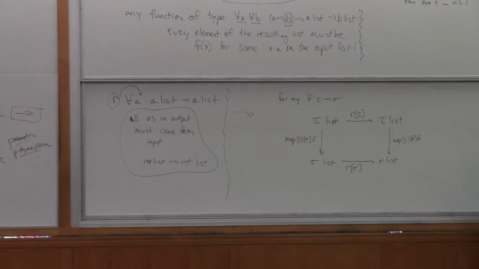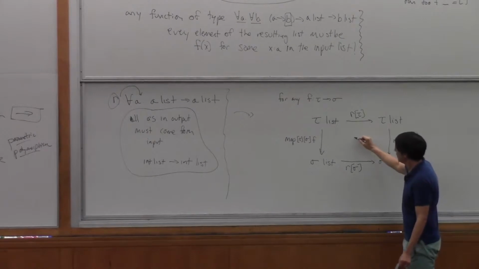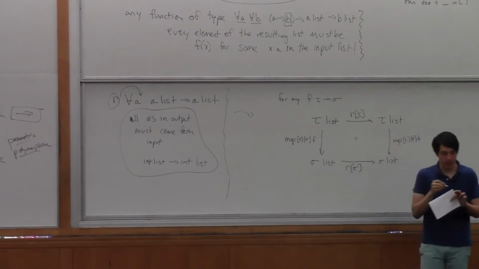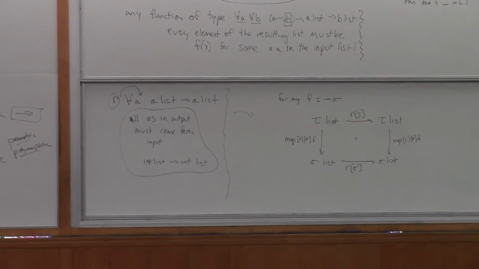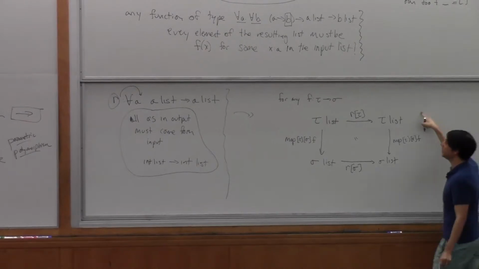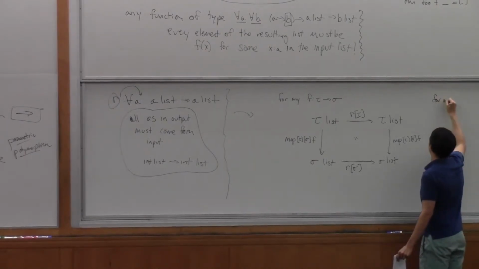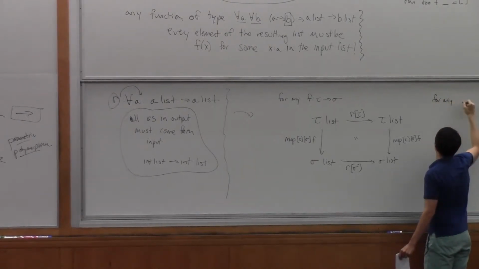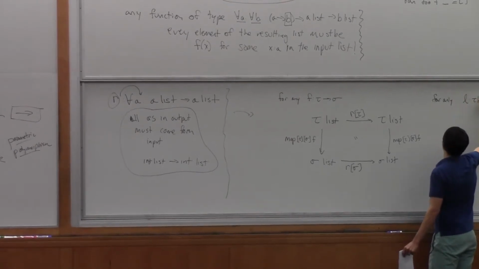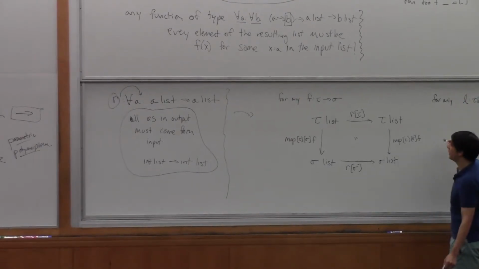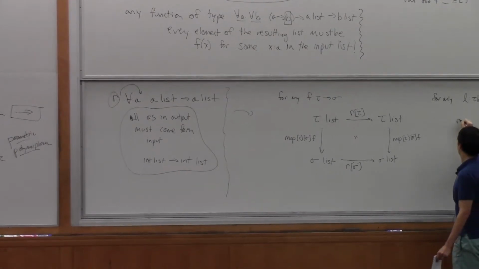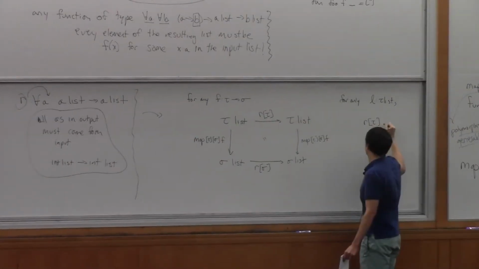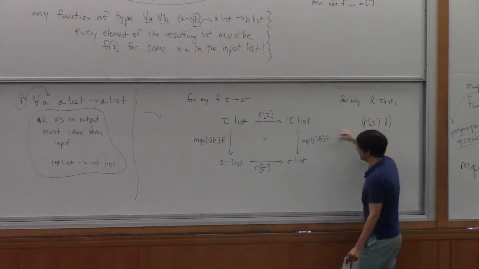Okay. So it will turn out that that diagram commutes. Okay. Ed talked yesterday about commutative diagrams. What does it mean in syntax that that diagram commutes? It means that for any L of type tau list, we have that R of tau applied to L, right?